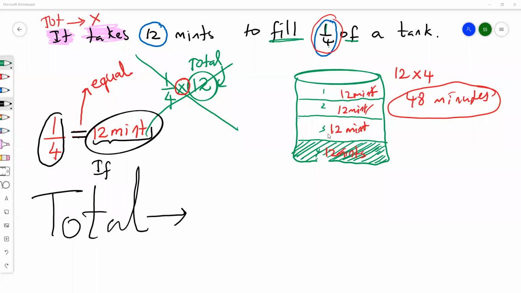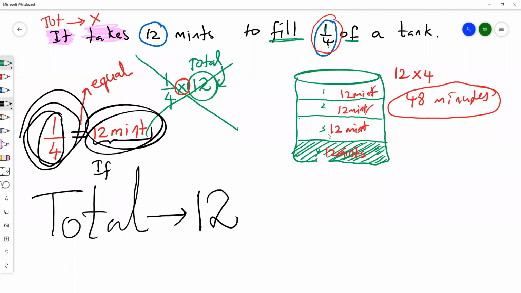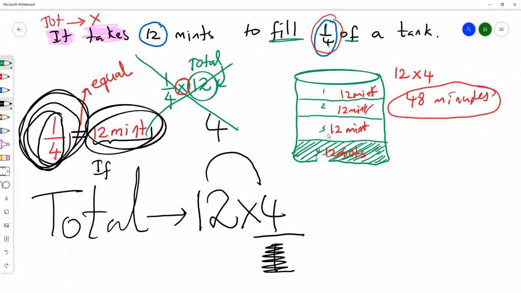So this 12 as it is, that is not a fraction. This fraction will change upside down, reciprocal, into 4 over 1. Denominator 1 means we can ignore it. 12 fours are 48. This is minutes. This also minutes.